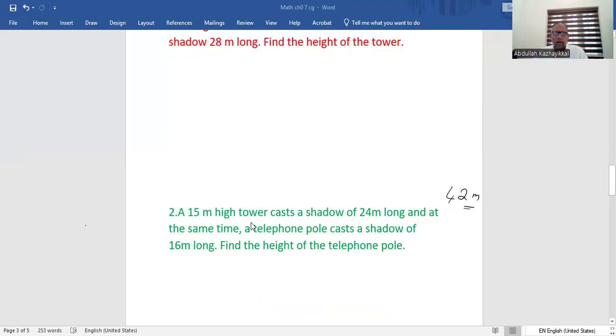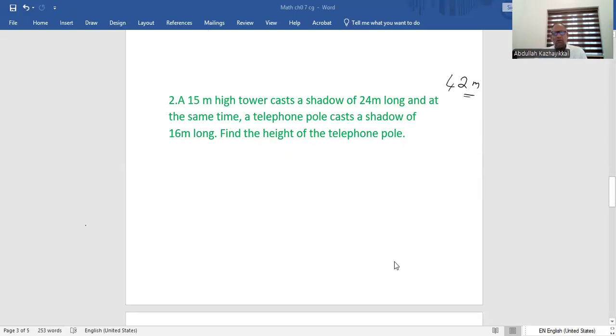A 50-meter high tower casts a shadow 24 meters long, and at the same time a telephone pole casts a shadow 60 meters long. Find the height of the telephone pole. Same question.